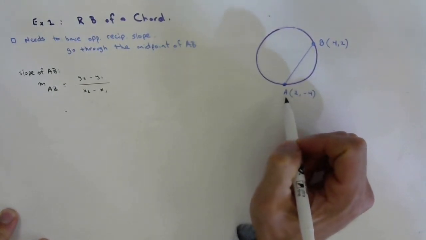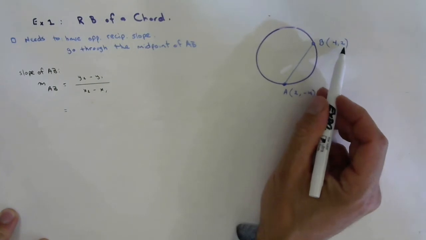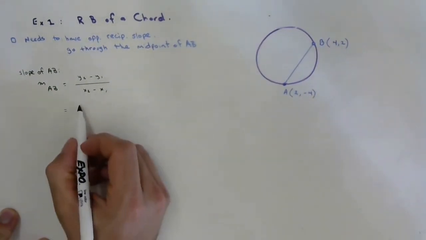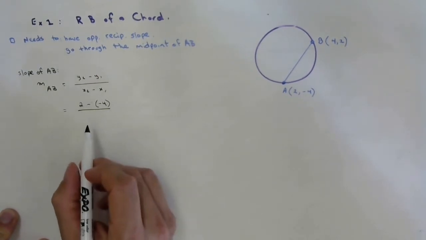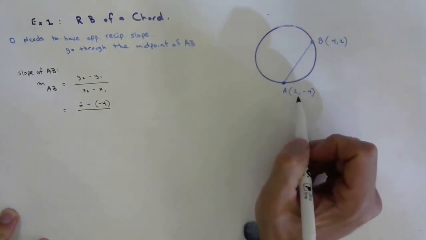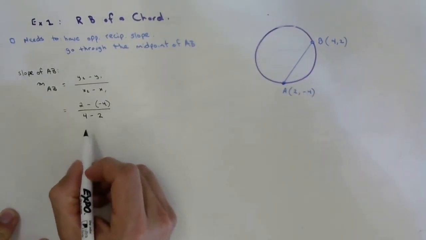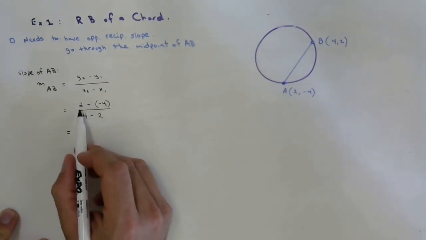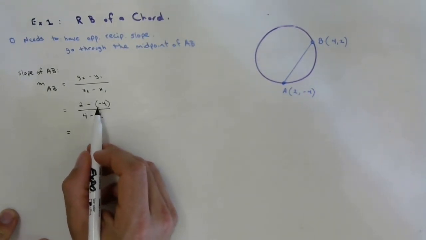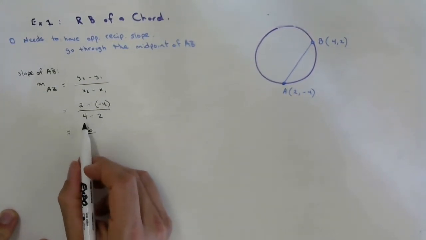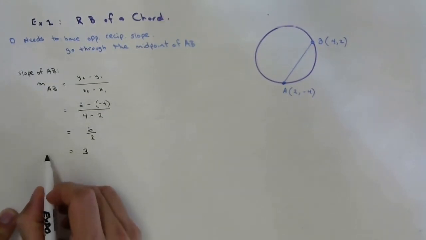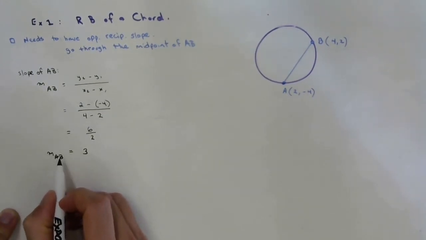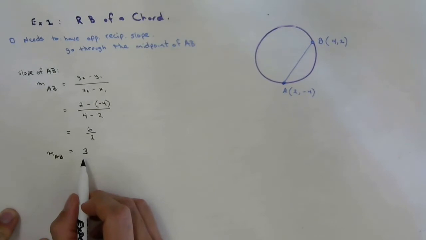So in the numerator, I have 2, take away negative 4. In the denominator, I have 4, take away 2. Reduce. 2, take away negative 4 is 6. In the denominator, 4 take away 2 is 2. Slope is 3. So I note the slope of AB is 3.